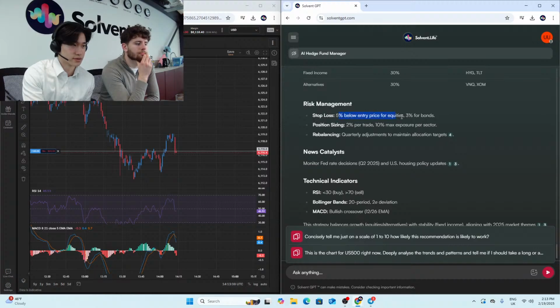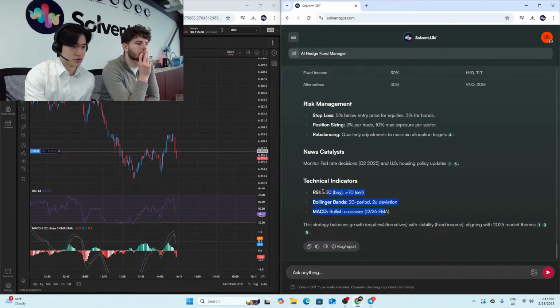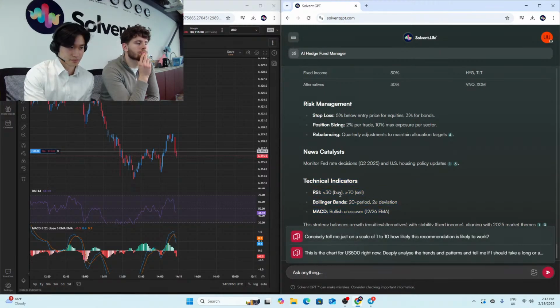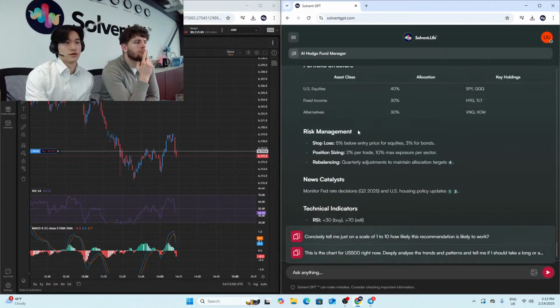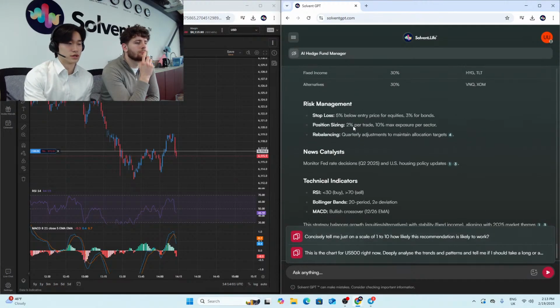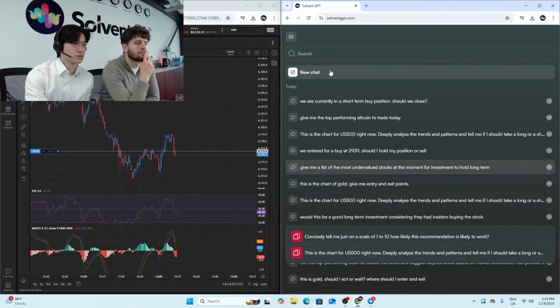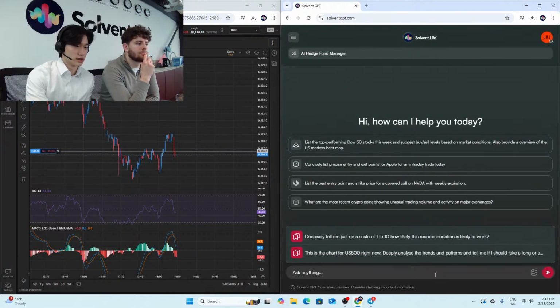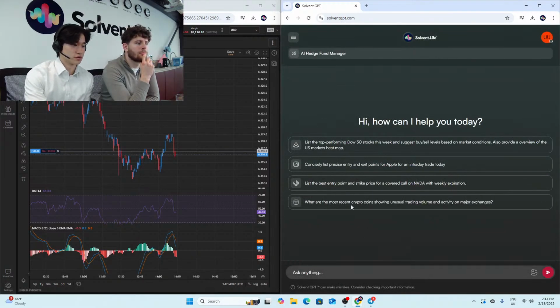So stop loss 5% below where you enter and 3% for bonds, and 2% for trade, 10% max exposure per sector. It gives you what indicators to use, at specific settings as well for the indicators. So you can see it gives you more than what you asked for, but it's not jargon, it gives you useful information.